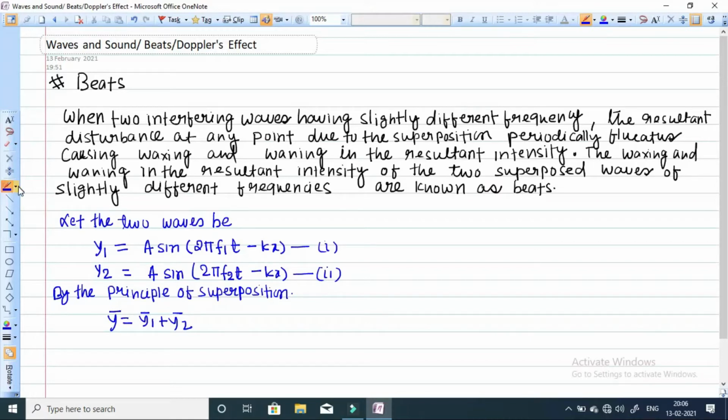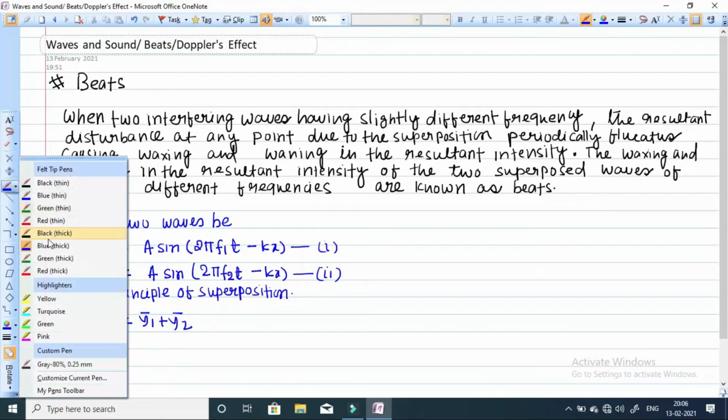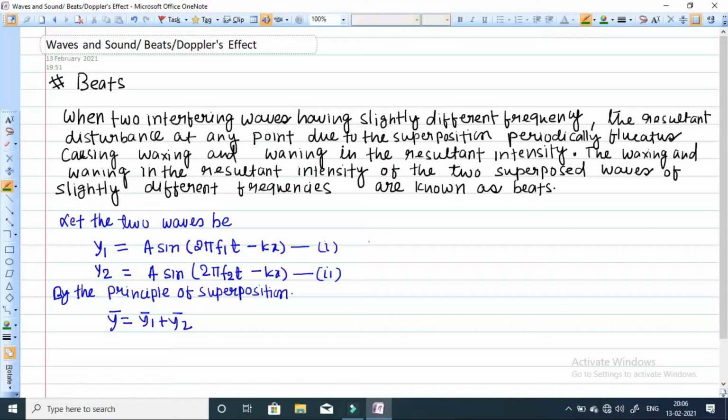If we analyze this equation at x equals 0, then the equation will reduce to this form. I can write y1 equals a sin 2 pi f1 t.